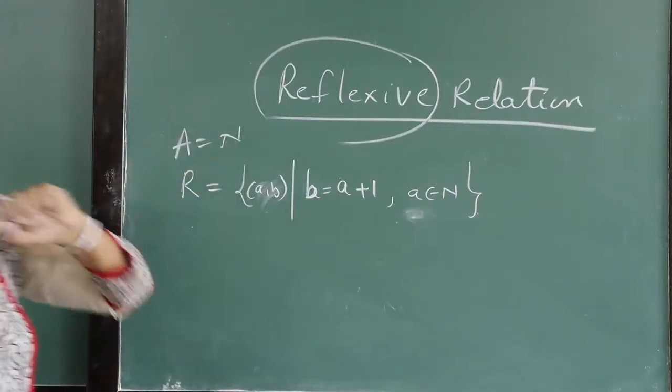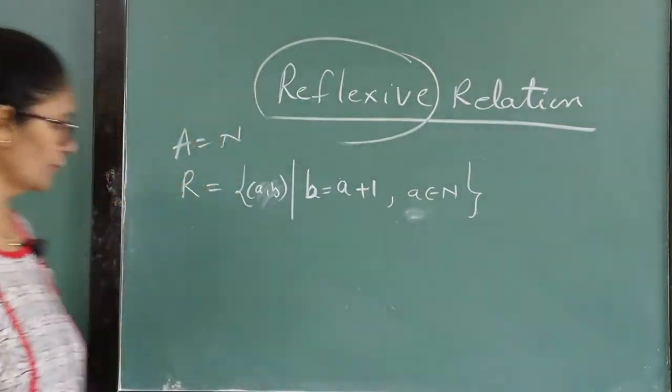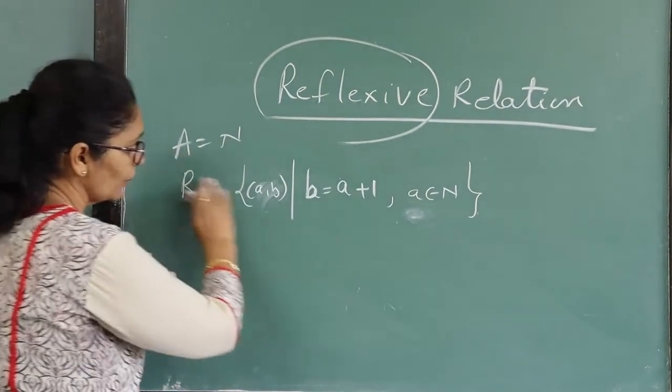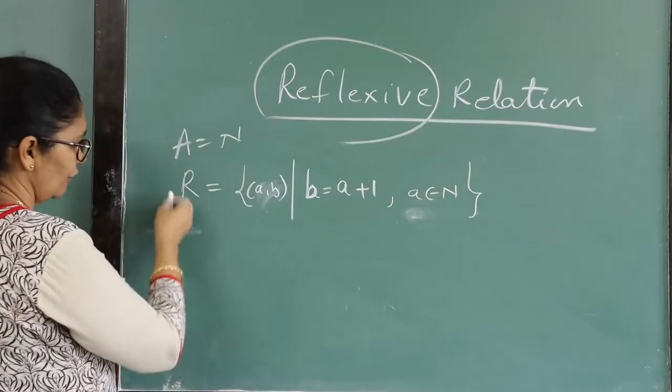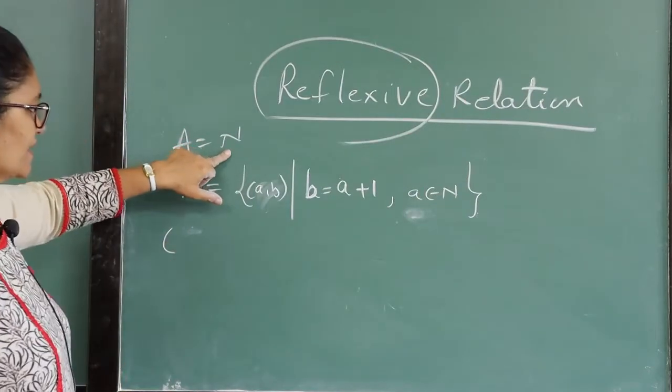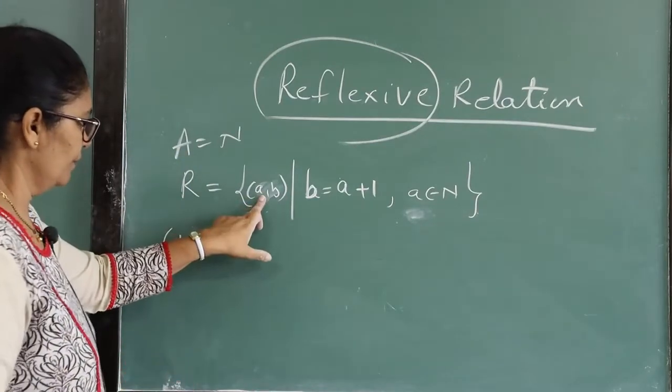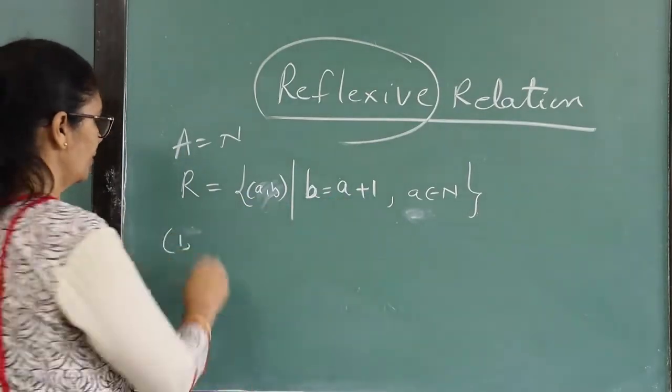Now you have to check, is it reflexive or not? Okay, let's start with reflexive first. If you want to write the ordered pairs of it, what is the easier way? Natural number is given, so you have to start with 1. Where A is 1, what is B? 1 plus 1 will be 2.